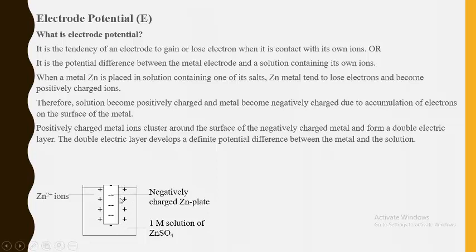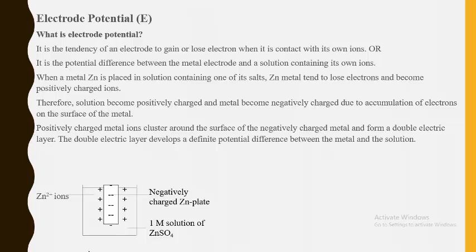This electric layer is developed because of the zinc 2 plus ions. As a result of this electric layer, there develops a potential difference between the metal and the solution containing its ions. So that is how the electric potential develops, and zinc's electrode potential develops because of the formation of this layer.